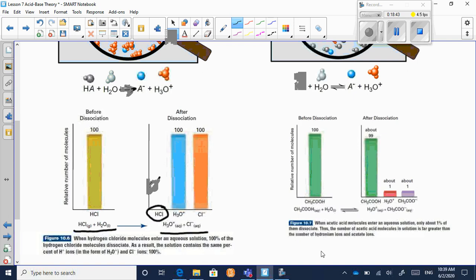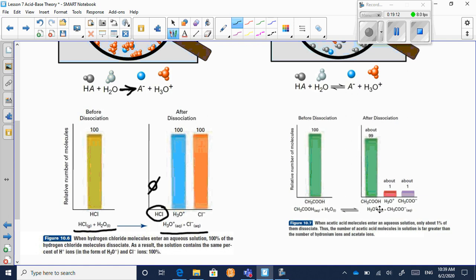And look at this. Here's the graph from your textbook. They've used something called acetic acid, which is vinegar. And look what happens. After they put the vinegar into water, most of the vinegar, in fact, about 99 out of 100 molecules, stays together. And so only a tiny amount, about 1 out of 100, will break into the H3O plus and CH3COO negative.